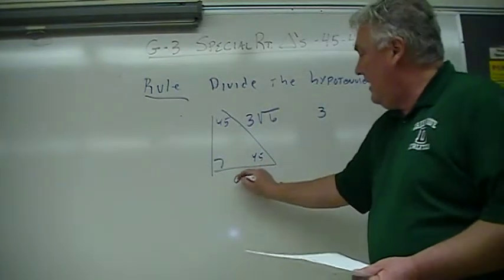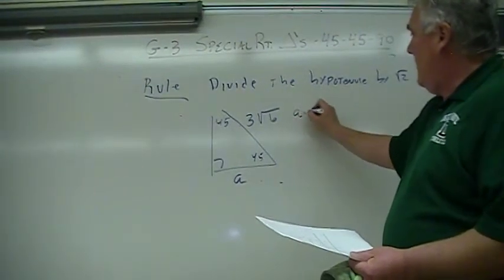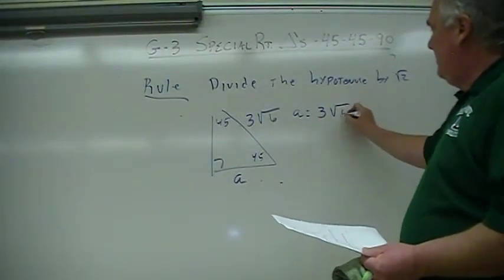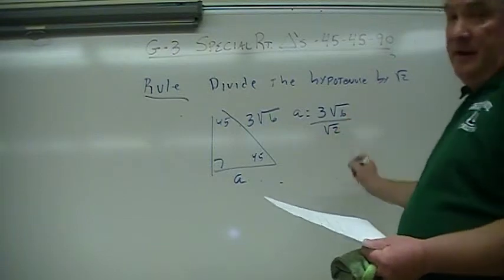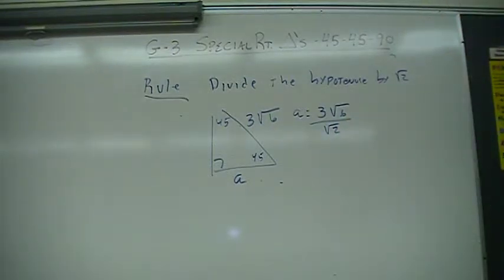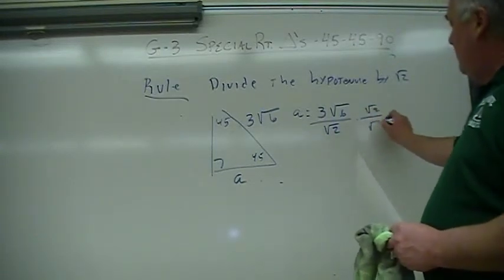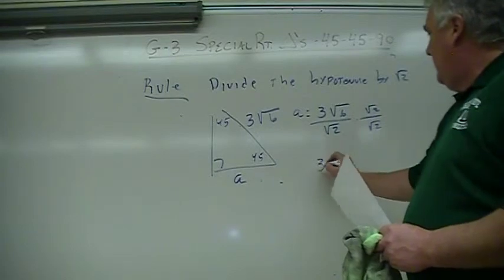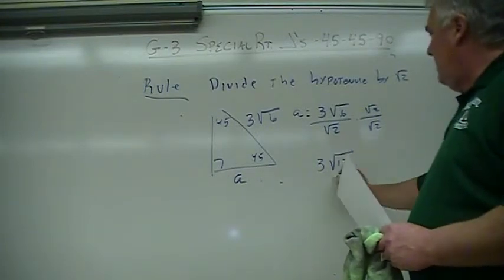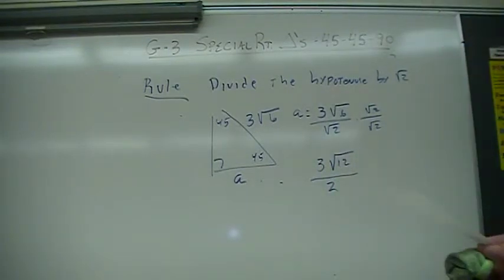So this leg A will equal 3 times the square root of 6 divided by the square root of 2. Multiply it by the square root of 2 over the square root of 2. 3 times the square root of 12 all over 2.